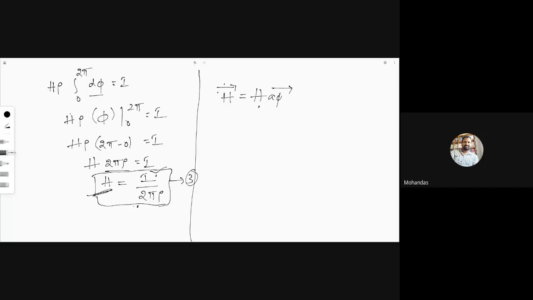H equal to H into A phi, so the vector H is I by 2 pi rho in the direction of A phi. Now let us observe this equation.